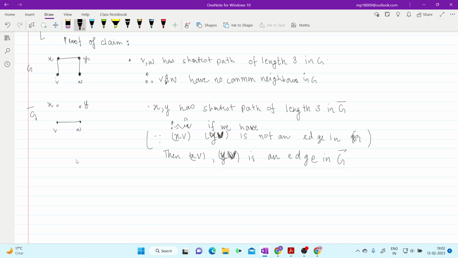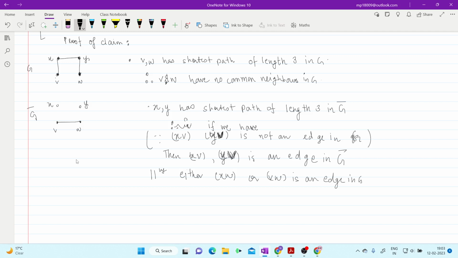So suppose V is connected to X, and similarly either XW or YW is an edge in G. But because we have already assumed that XV is an edge in G, XW cannot be an edge, because then V and W will have a common neighbor.